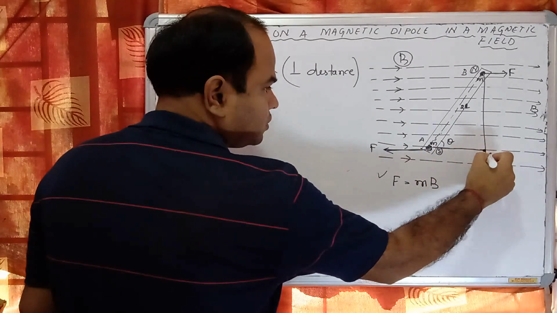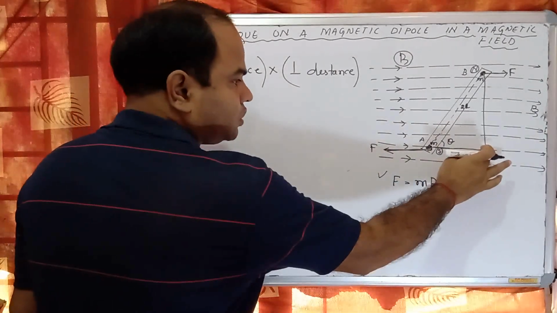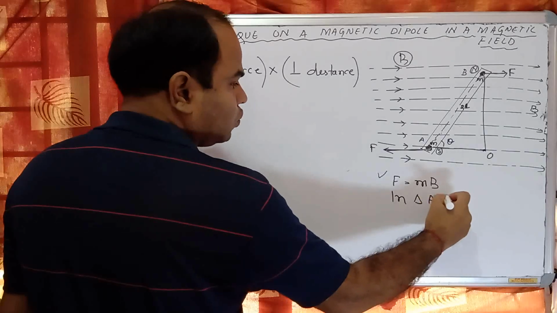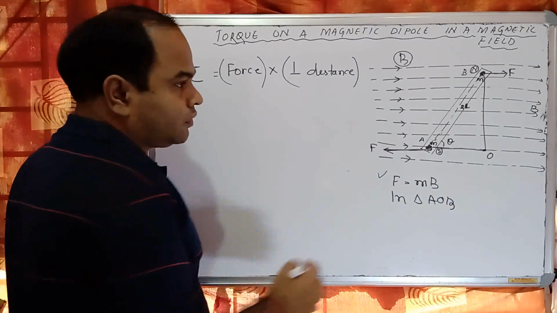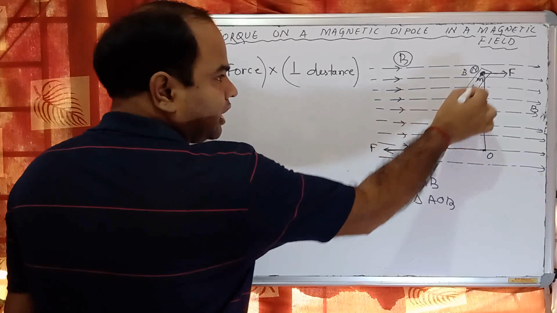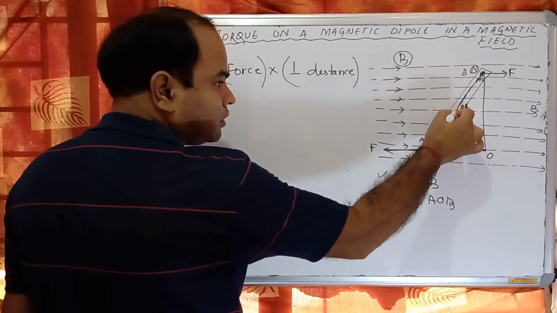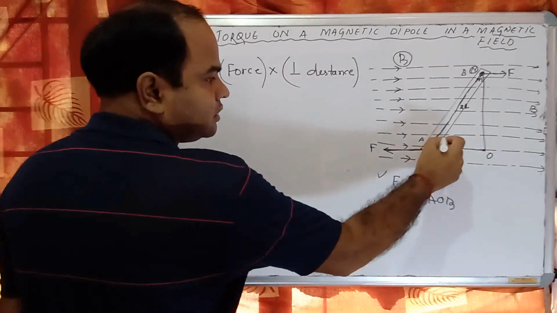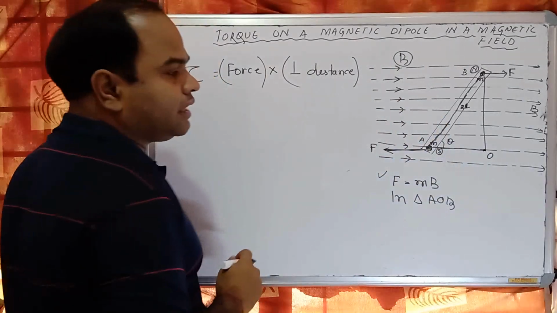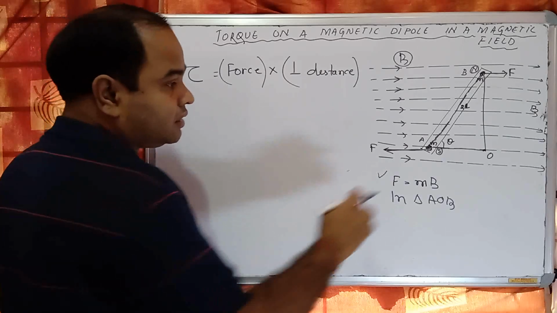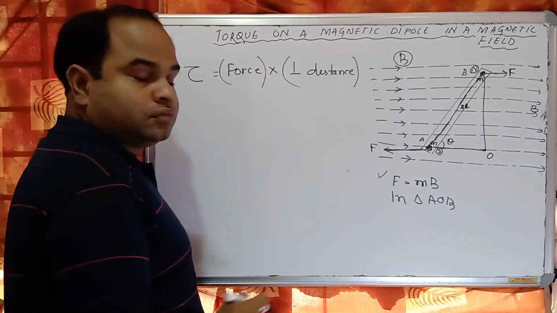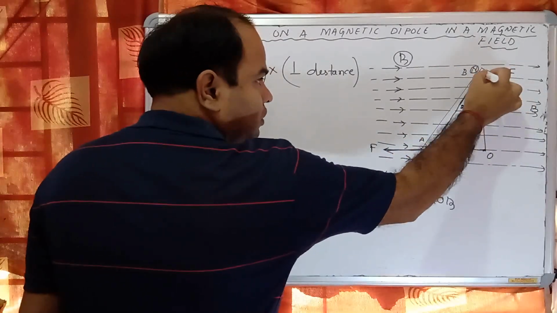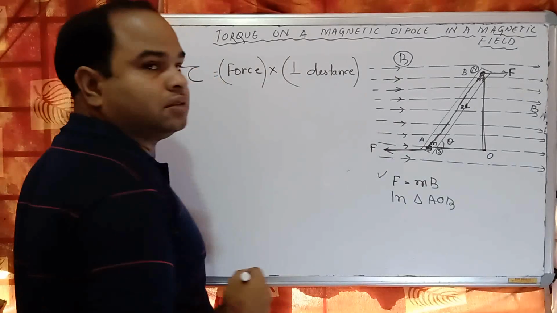Let us say this is O. So in triangle AOB, this is the hypotenuse, that is 2L, and this is theta, the angle between the magnetic length and the field direction. So if this is the force, this will be the perpendicular distance.